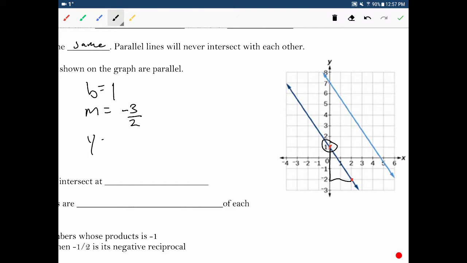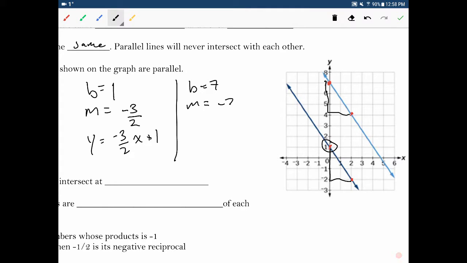So we've got y equals -3/2 x plus 1. Okay, and the second line here, we'll do the exact same thing. There's 1 point on the y-axis. There's another perfect point, so it'll be nice and easy to count. Same thing, we've got b is equal to 7, and our slope this time, again, 1, 2, 3, and over 2.